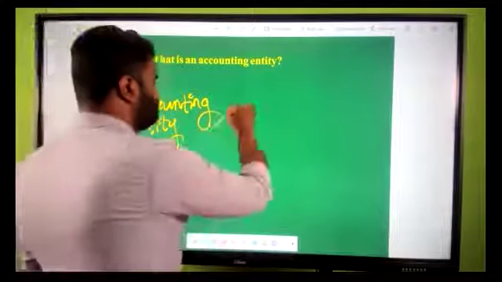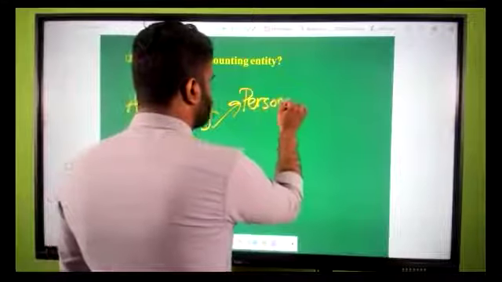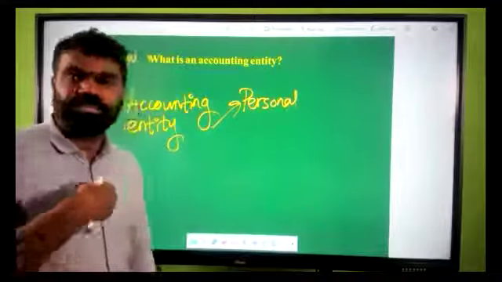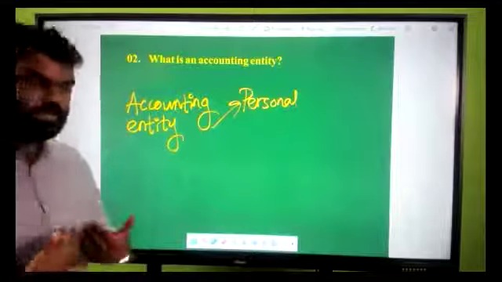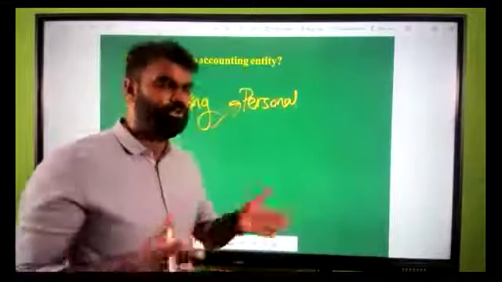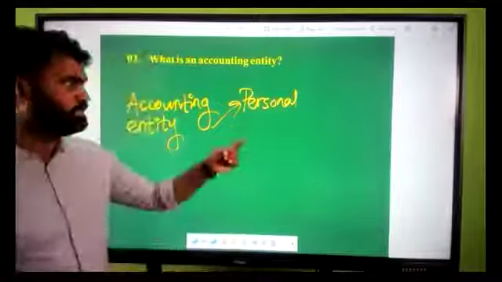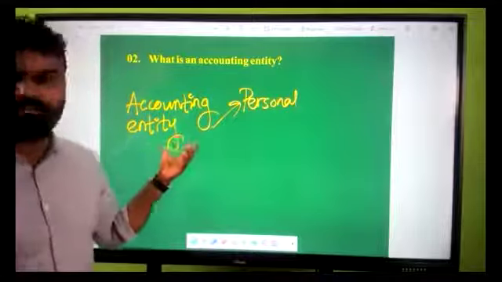We prepare accounting for people. That's what we call personal accounting. As a person, I create my own accounts. What are my incomes? What are my expenses? What are the remaining things? How should I invest my money? Later you should create your own personal accounting, so you are also an entity.